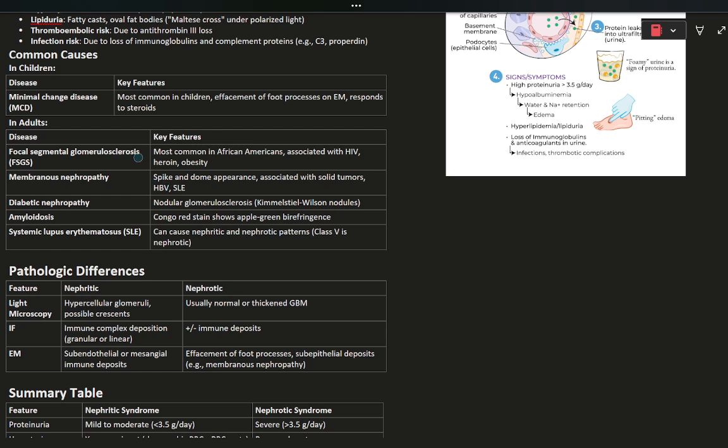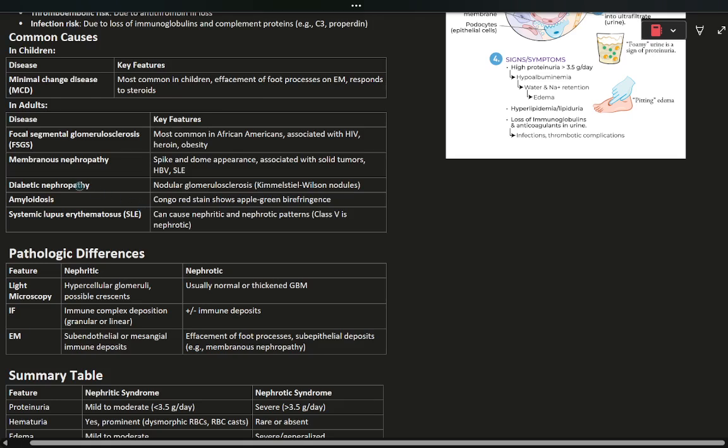So for focal segmental glomerulosclerosis, or FSGS, systemic lupus erythematosus.